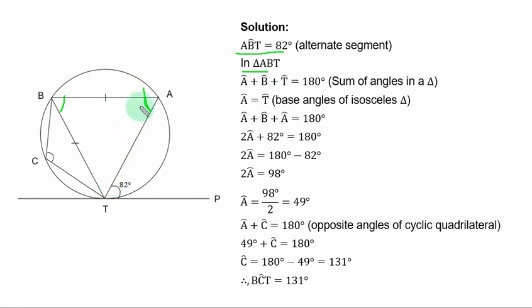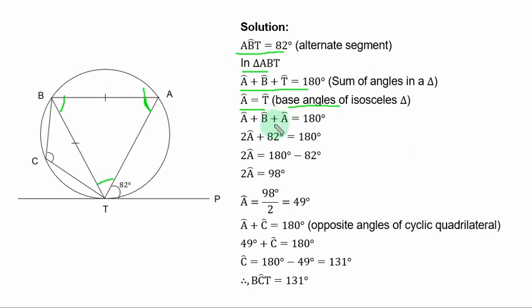It means angle A and angle T are base angles and they are equal. So in that triangle, you add the three angles, the sum is equal to 180 degrees. Angle A is equal to angle T. You have the reason. So you can replace A with T or replace T with A.